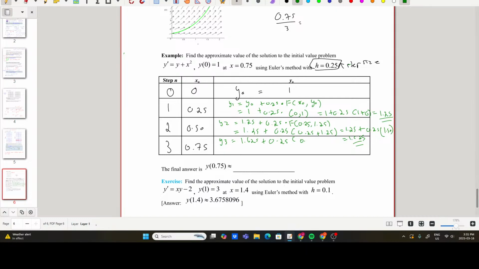It's going to be 0.50 plus 1.75. Do that. 1.625 plus 0.25, 0.50 plus 1.75, 2.1875.